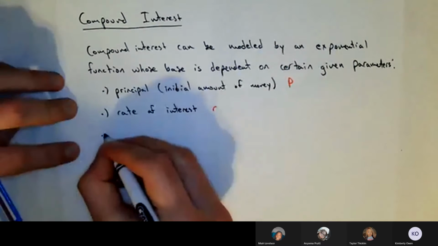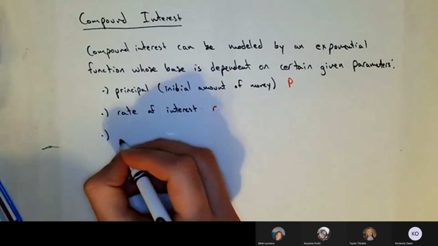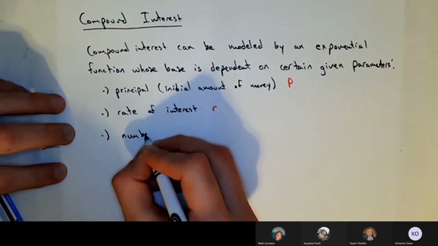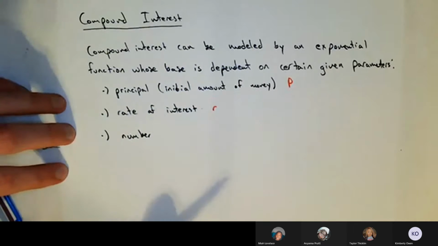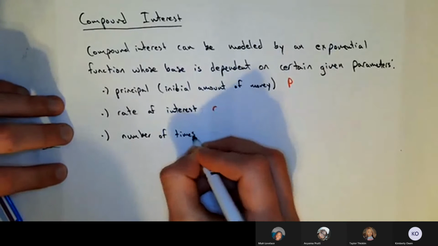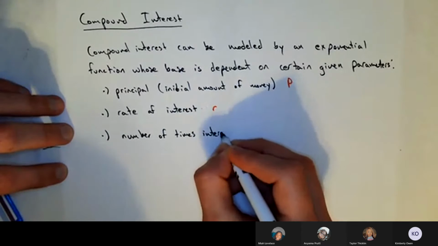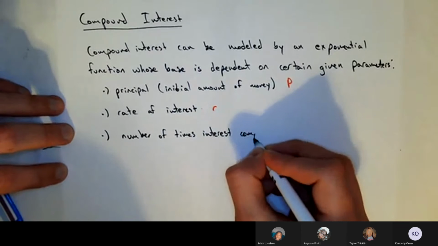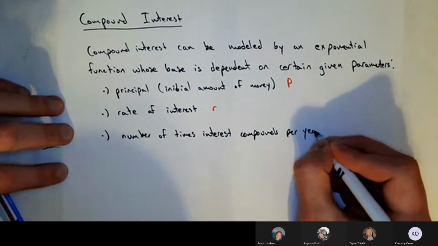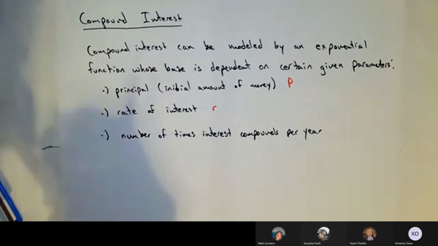And it's also dependent on the number of times interest compounds per year. We denote that by the lowercase letter n.